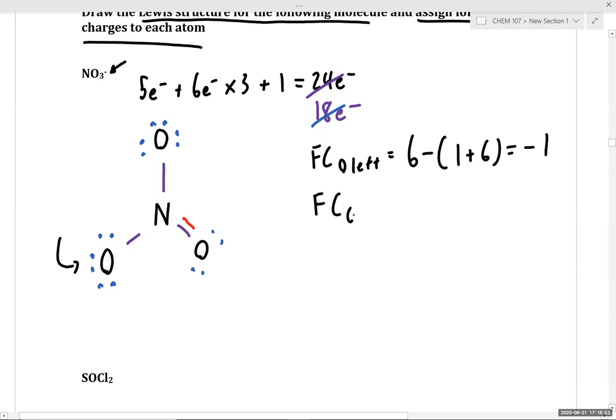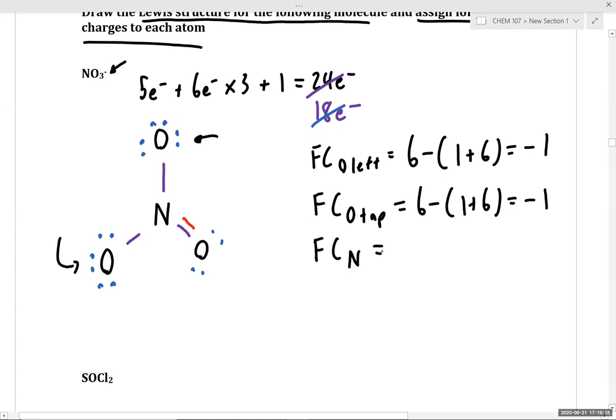Calculating the formal charge of the oxygen on top of our structure, which would be right here. Again, we have a group number of 6. We have 1 bond and 6 lone pair electrons. That gives us a formal charge of -1. Finally, we can calculate the formal charge of nitrogen.